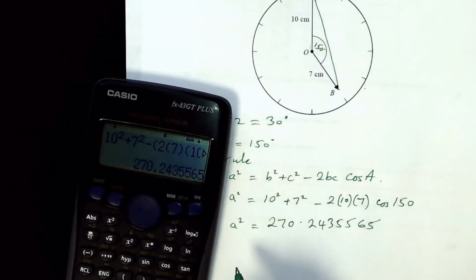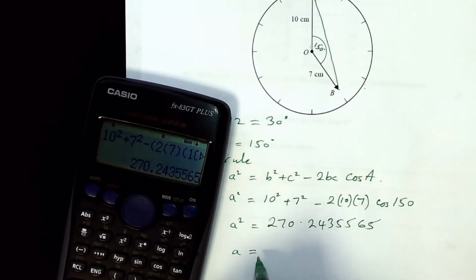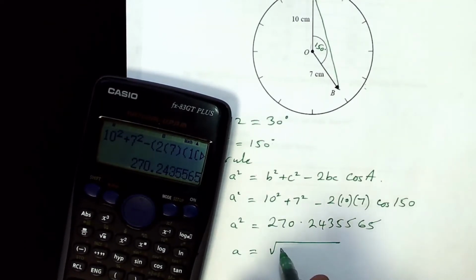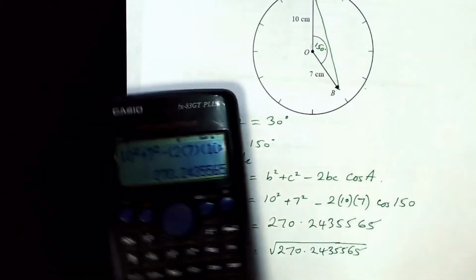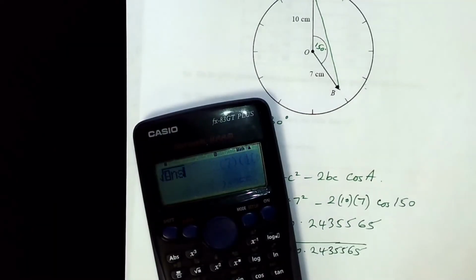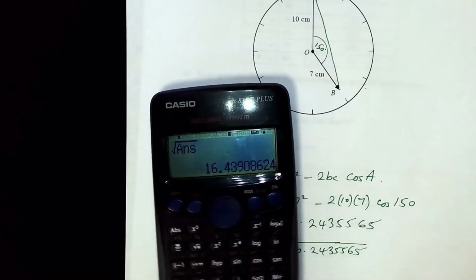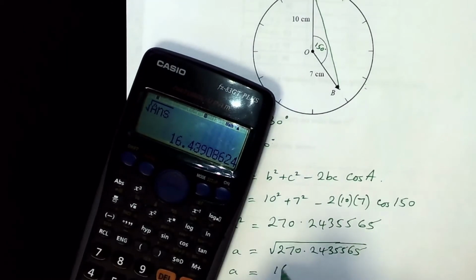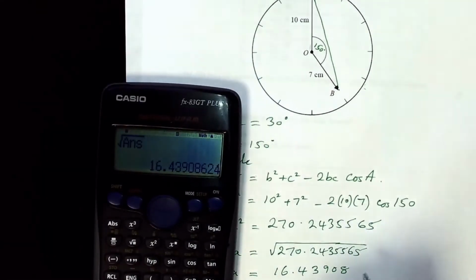The next part is to work out a, which is the square root of 270.2435565, and that gives me 16.43908624.